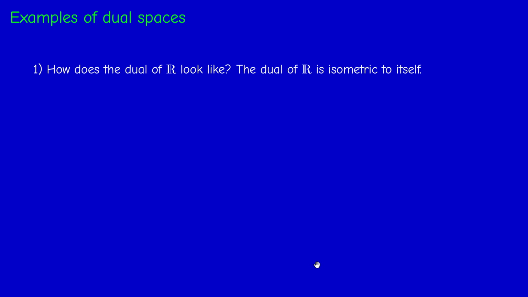How do we know that? Okay, consider this very simple operator T from R to its dual. So here I write R star for the dual of R and not for R without 0. So T associates to each real number a what? An element in R star.